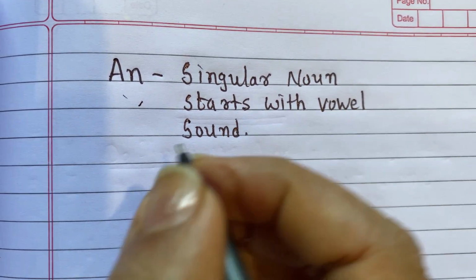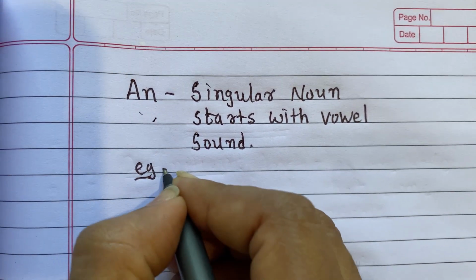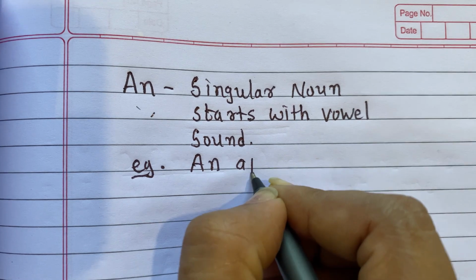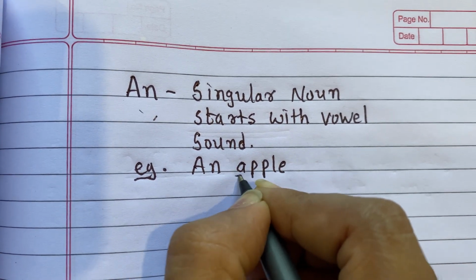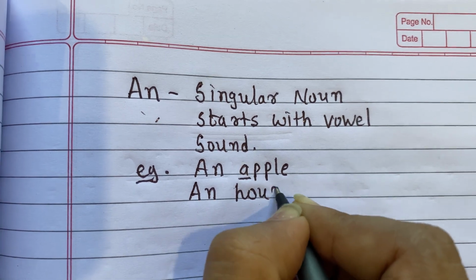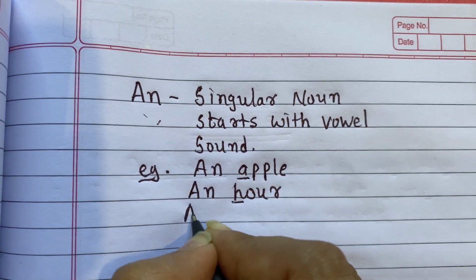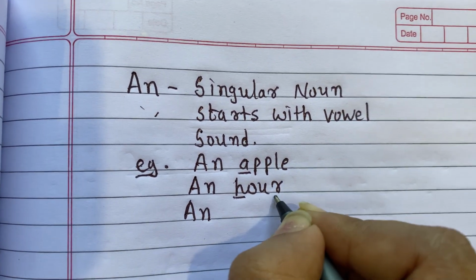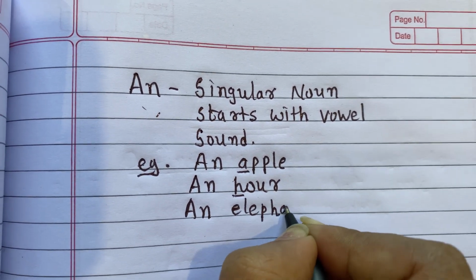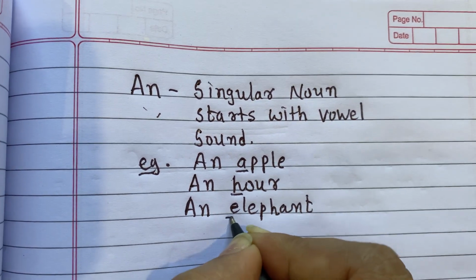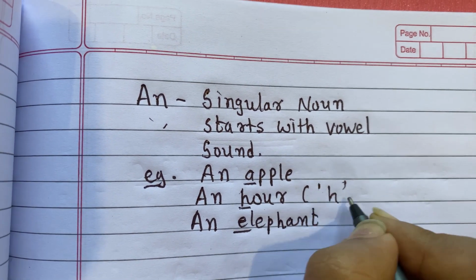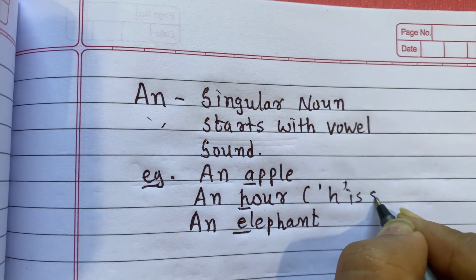For example, an apple, an hour, an elephant. An hour: the h is silent, so we read it as hour.